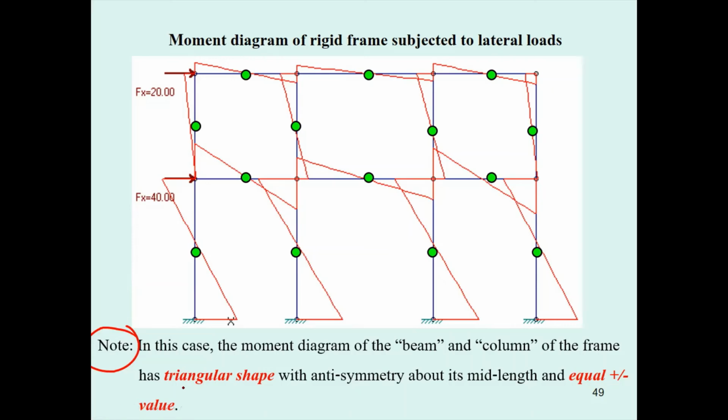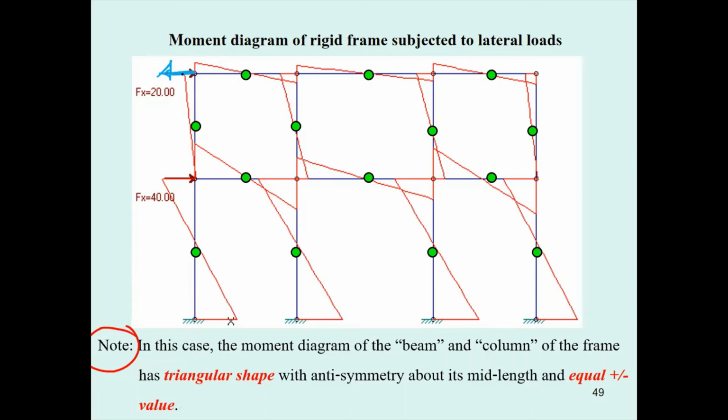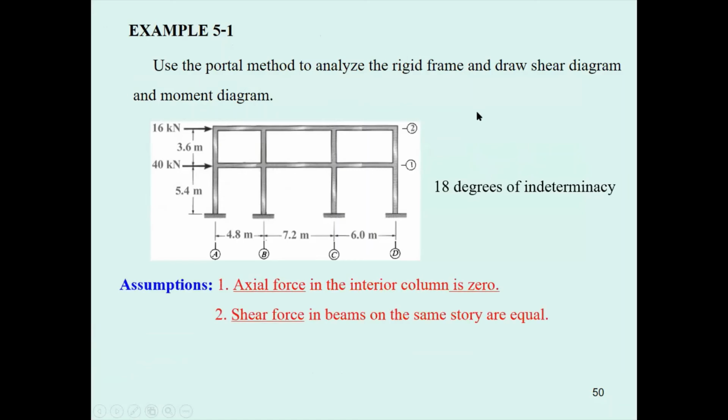And then I also mentioned, when the load is applied, just check the direction of how you are going to analyze this structure. It may be checked like this too, or it may be checked like this too. Now, for the portal method, please listen to me carefully. This 18 degree of indeterminacy structure will be analyzed by using the portal method.